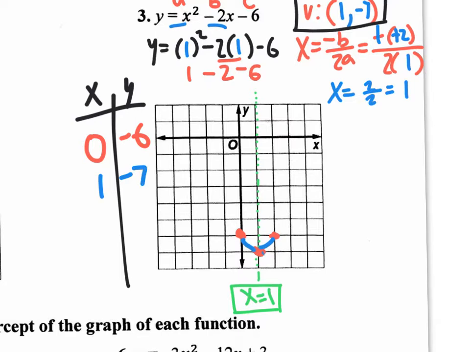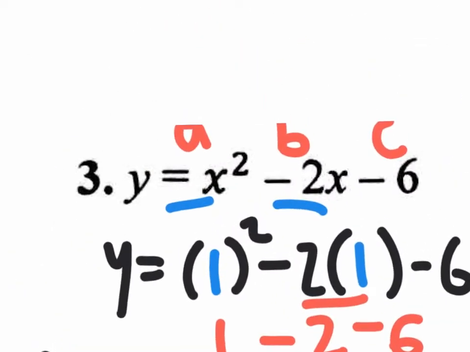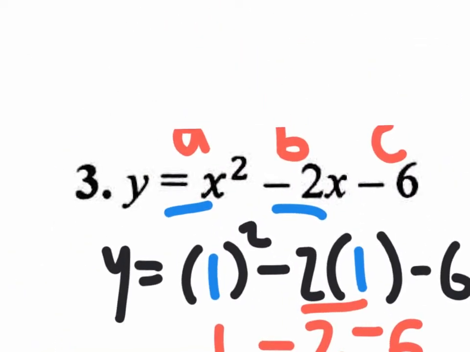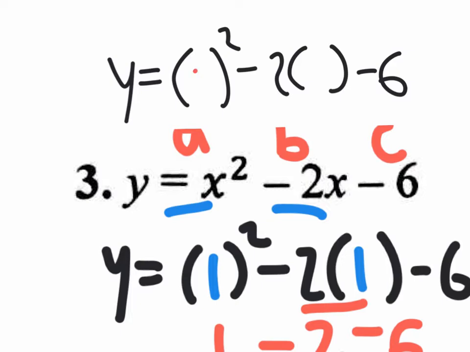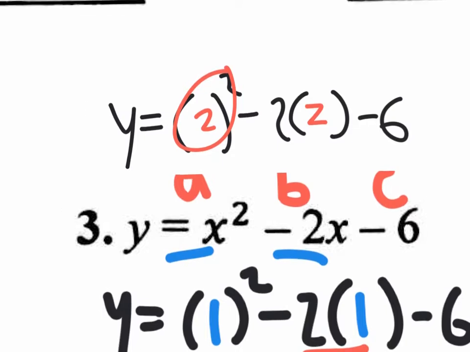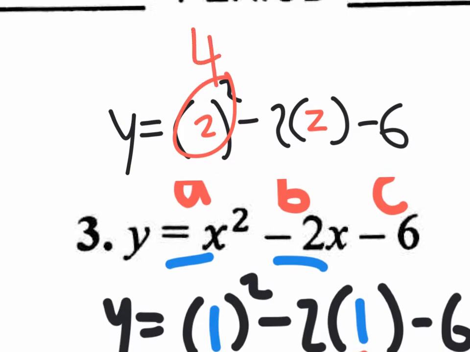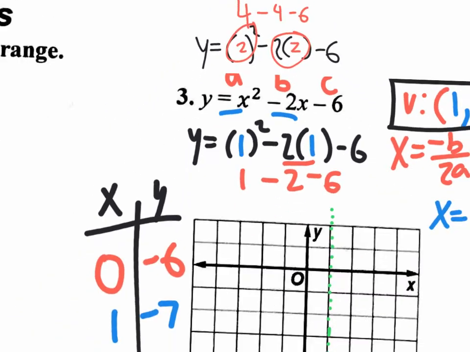What other number would you like to plug in? 2 would be good, right? Or negative 1. Either one's good. I want to go with 2. So let's go back to number 3, and let's plug in a 2. There's my original equation. 2 squared is 4. And then 2 times 2 is 4. So you have 4 take away 4, take away 6. 4 take away 4 is 0. 0 take away 6 is negative 6.